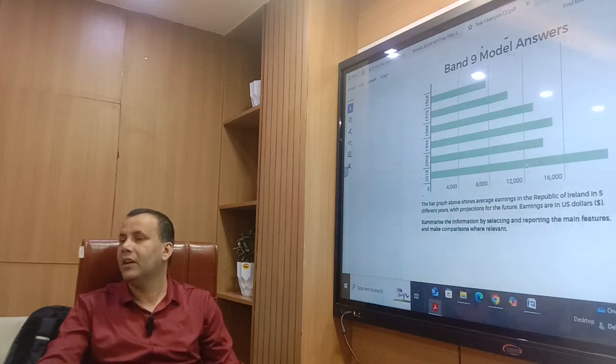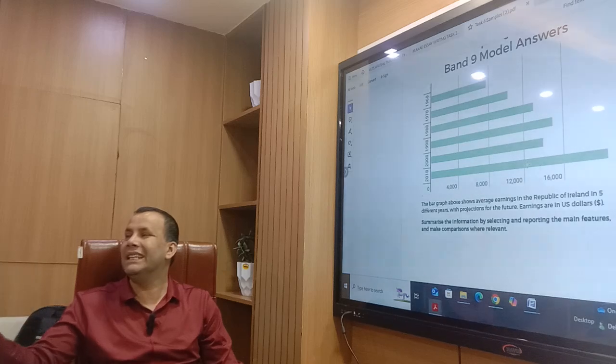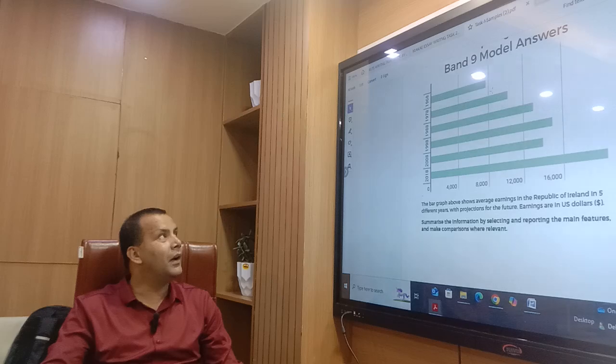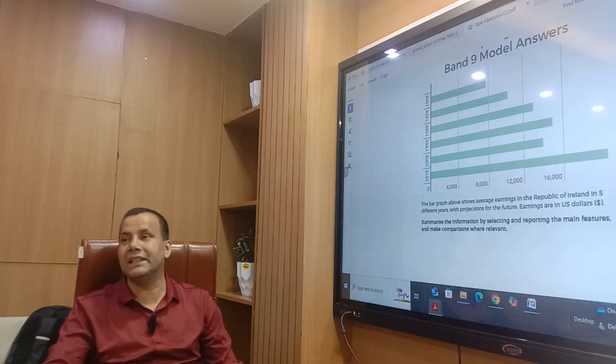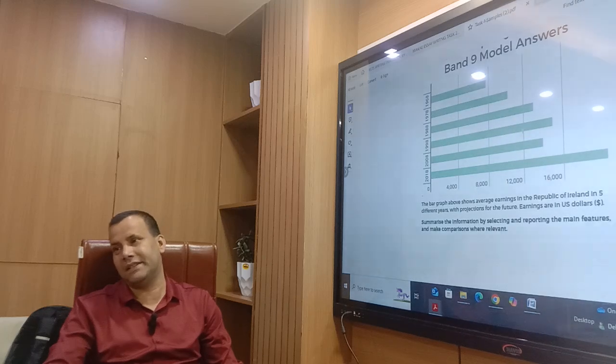Overall picture. Overall, comma, it can be clearly seen from the bar graph that from a particular year to another particular year, their income steadily increases, whereas in the next year their income decreases.